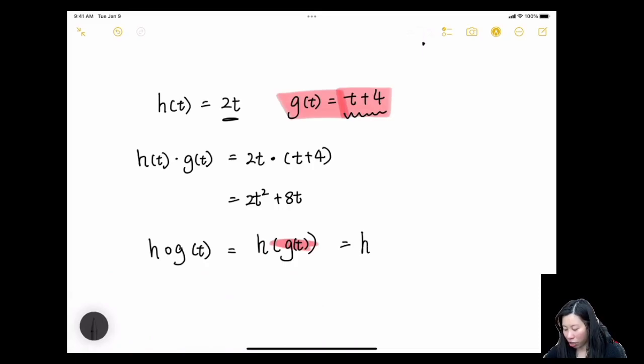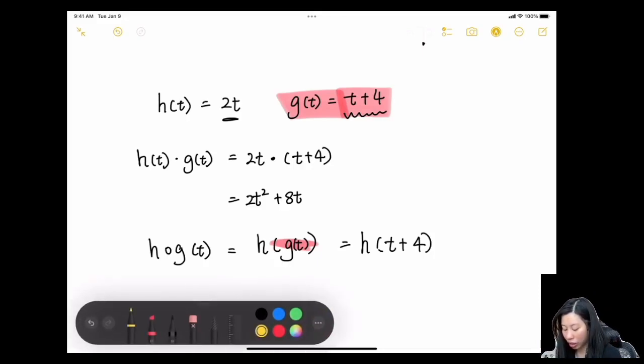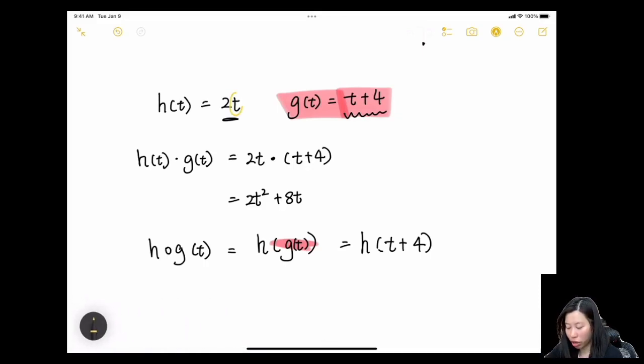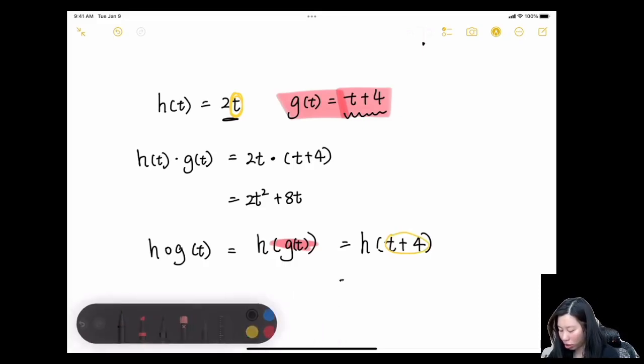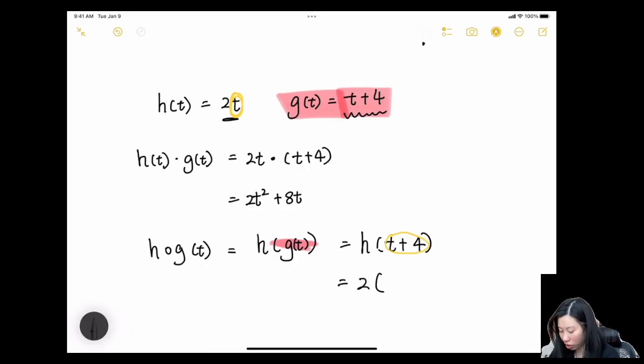So I have h of t plus 4. After you substitute it, remember from the previous chapter, 10.1, you want to substitute every t with whatever is inside the parentheses. So I have 2 times whatever is inside the parentheses, which is t plus 4. Now we simplify it.